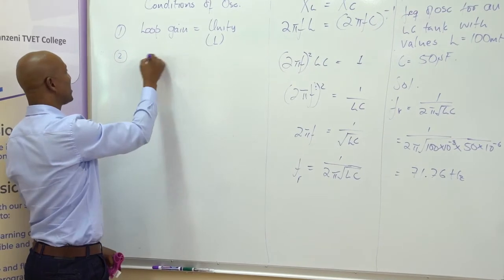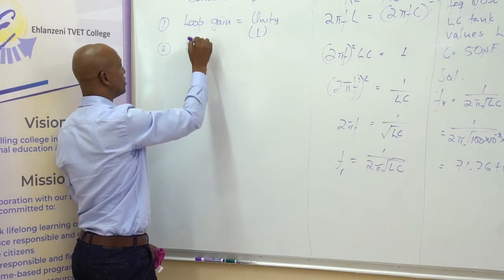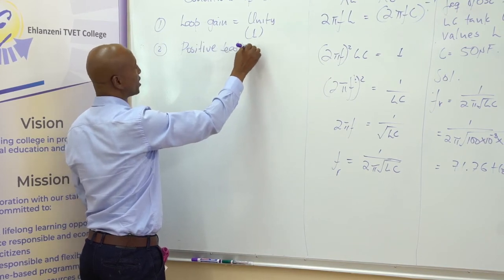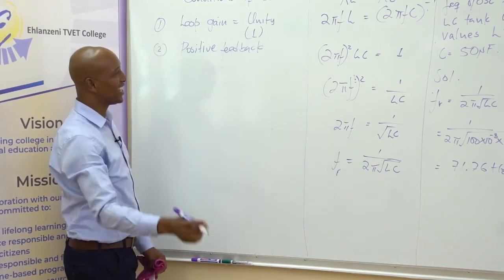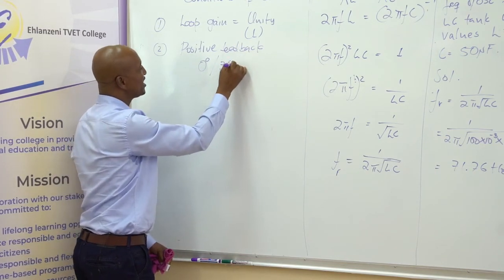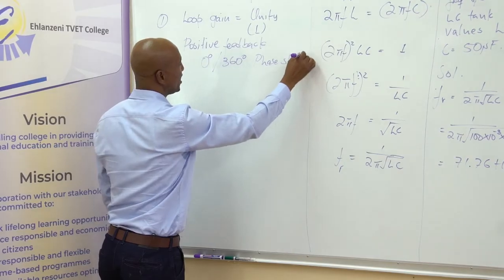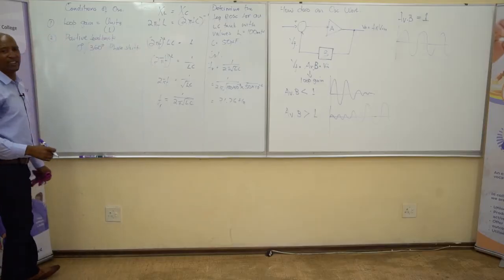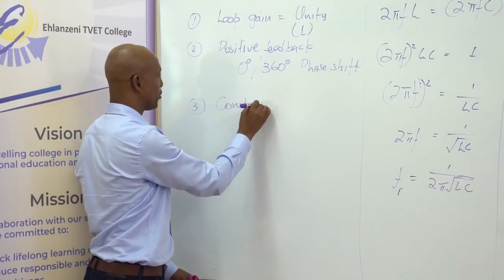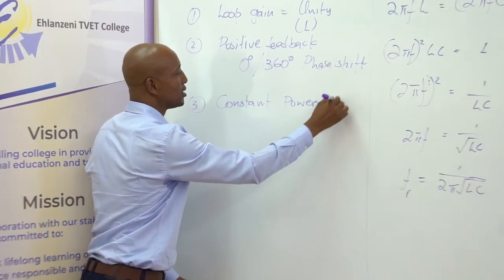Two, we need a circuit that will provide us with positive feedback. That is to say, our signal of the output and the input shall have a 0 degrees, or 360 degrees, phase shift. That's positive feedback. And thirdly, obviously, we need a constant power supply.